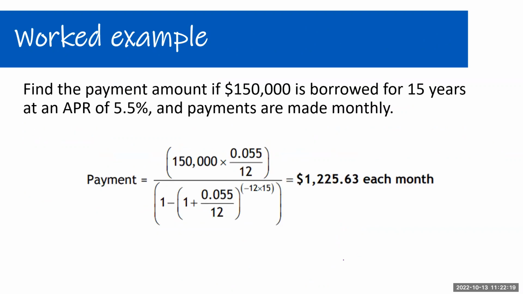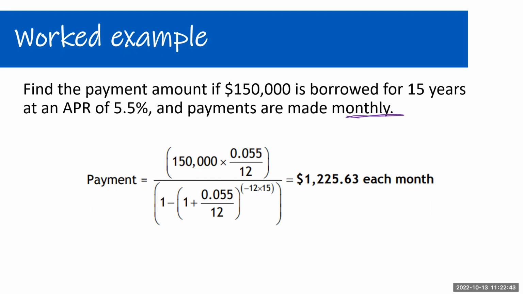So let's work through this example. Let's talk through it, okay? If any of this doesn't make sense to you, you should pause, review the text, and make sure it makes sense, because you will see one of these also. So find the payment amount if $150,000 is borrowed for 15 years at an APR of 5.5%, and you're making monthly payments.